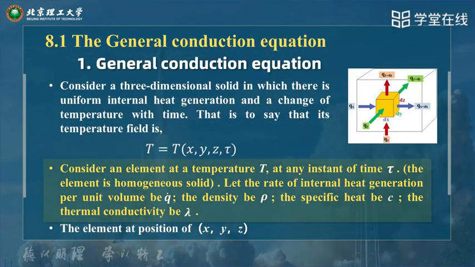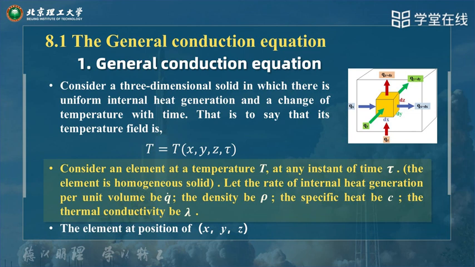Also, we think the element is a homogeneous solid, no gas bubble in the body. Let the rate of internal heat generation per unit volume be Q point. We think there is some heat generation.